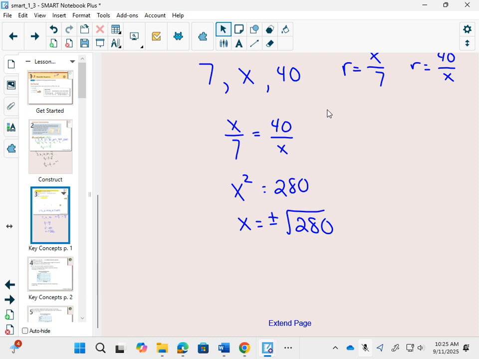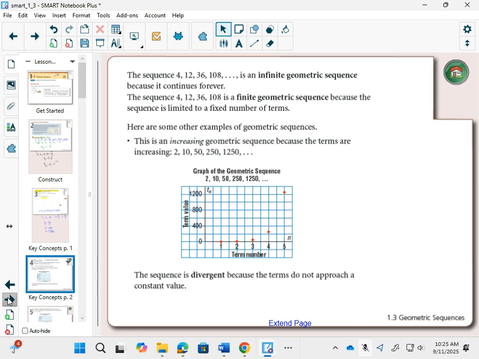So this is a geometric sequence. And just like arithmetic ones, if we have the dot, dot, dot, it means that it continues on forever, and we call it an infinite sequence. If it stops, like if it doesn't have those dots, we call it a finite sequence.